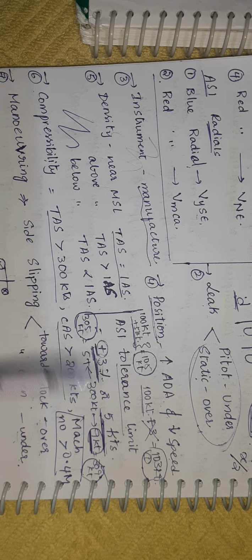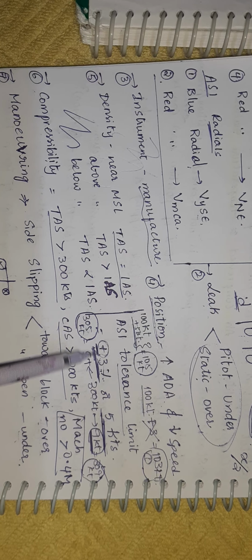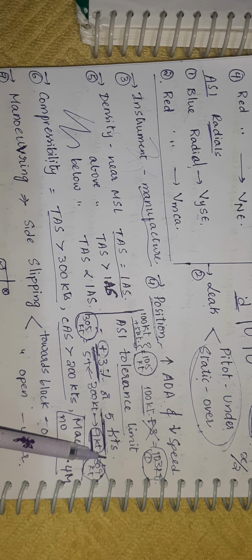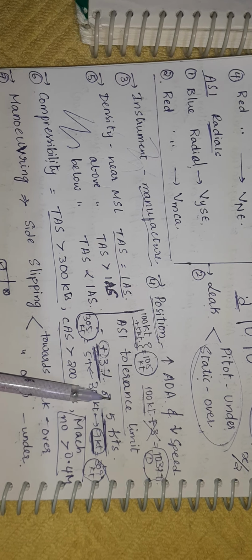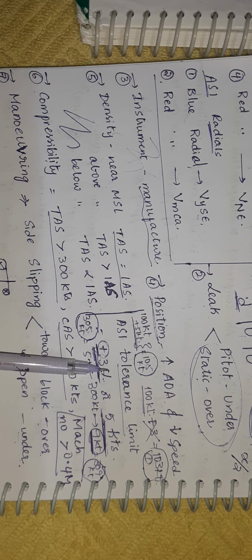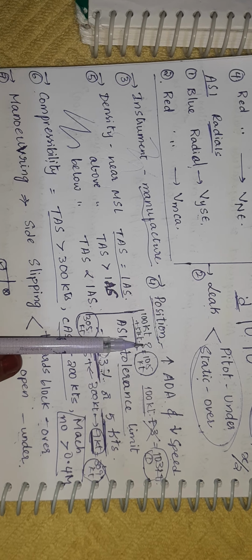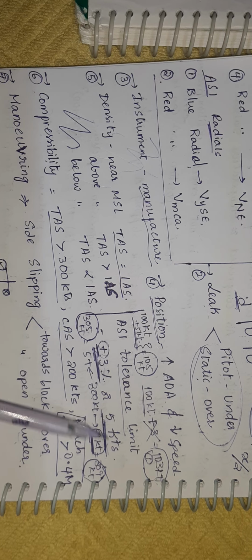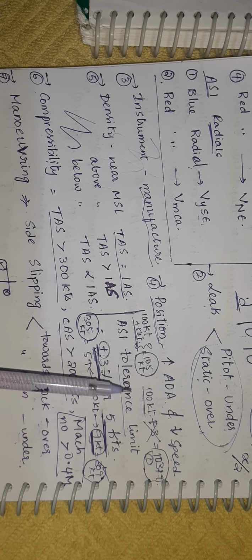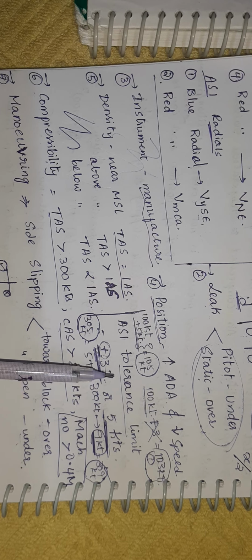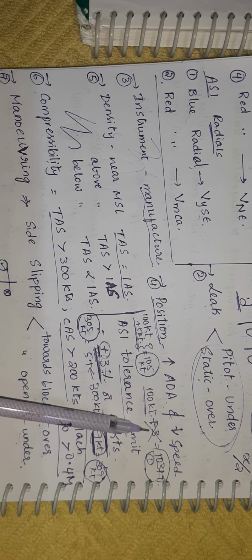Along with the density, we also have tolerance limit. That is nothing but plus or minus 3% or 5 knots, and whichever is greater among them. I'll explain. If your speed, for example, is 100 knots, let us take both the tolerance limits, plus or minus. Let us assume we are climbing, so let us add plus 3%.